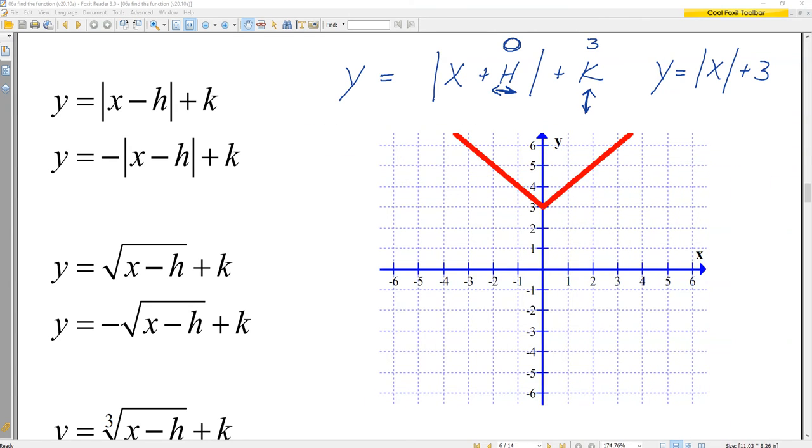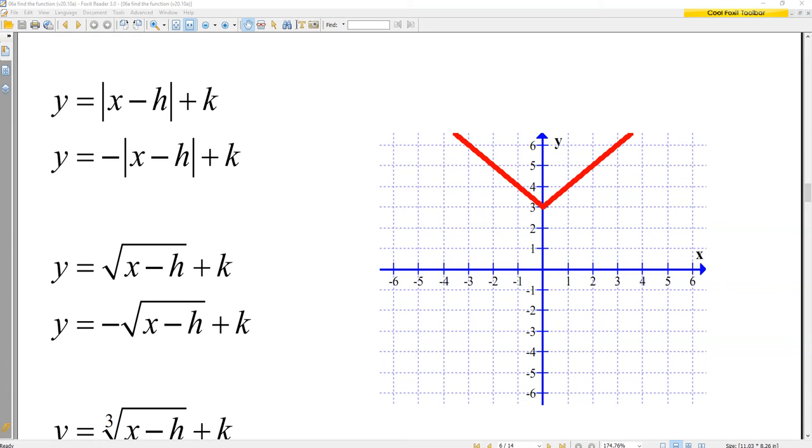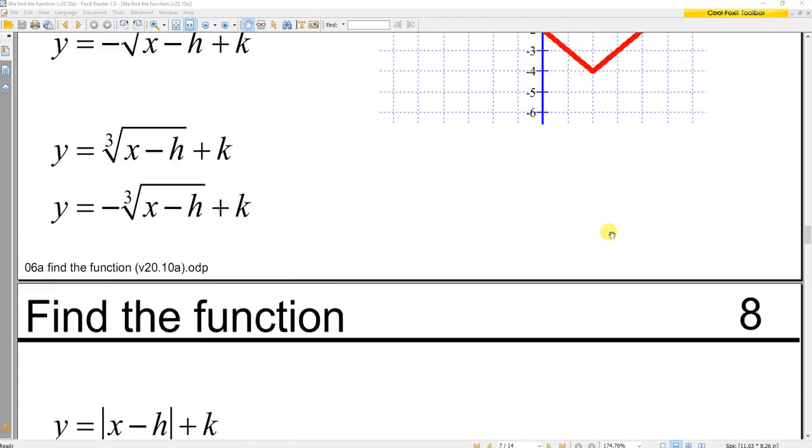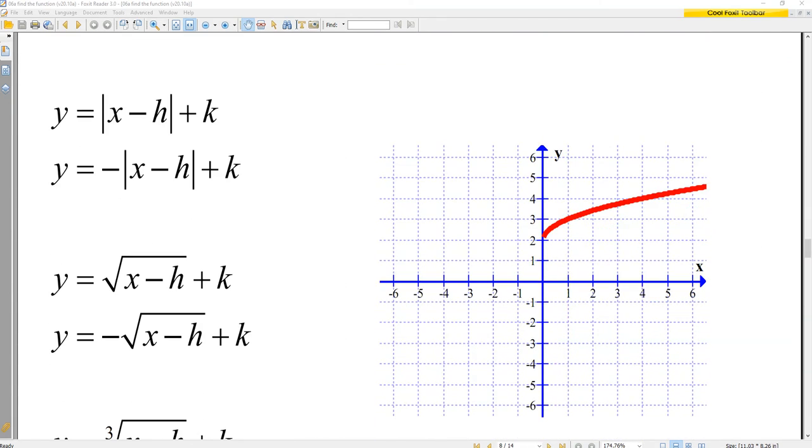So let's take a look at one like this. I'll come back to this one. Here's our half U. So I start with kind of the blueprint equation, which is y equals the square root of x plus h, plus k.